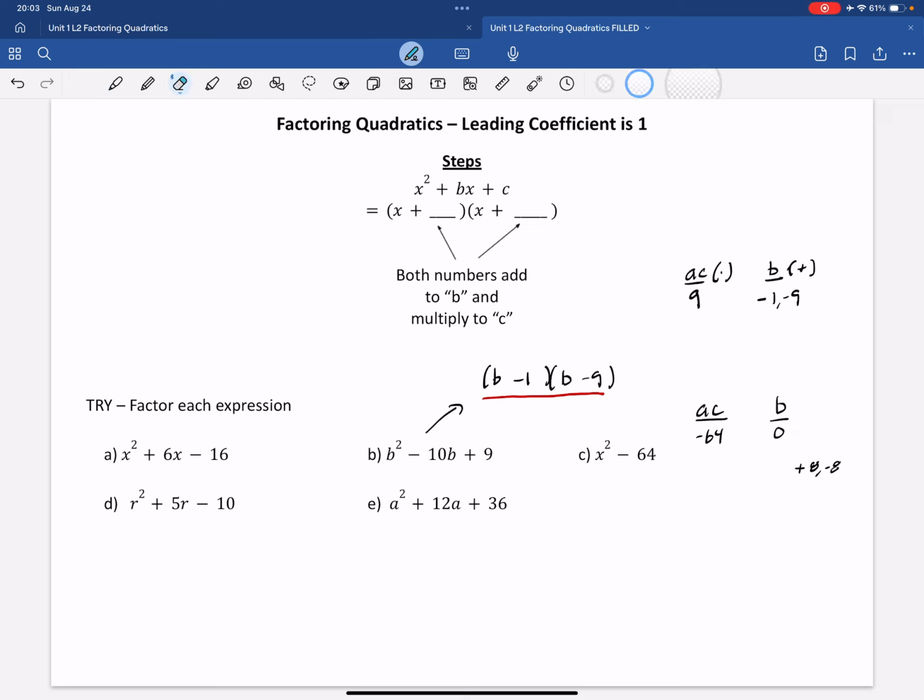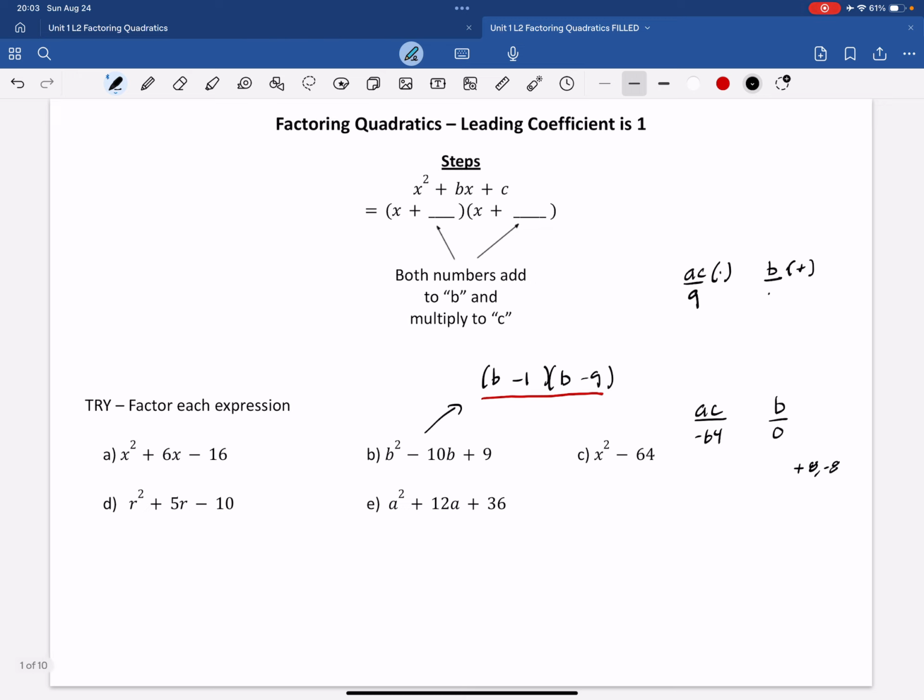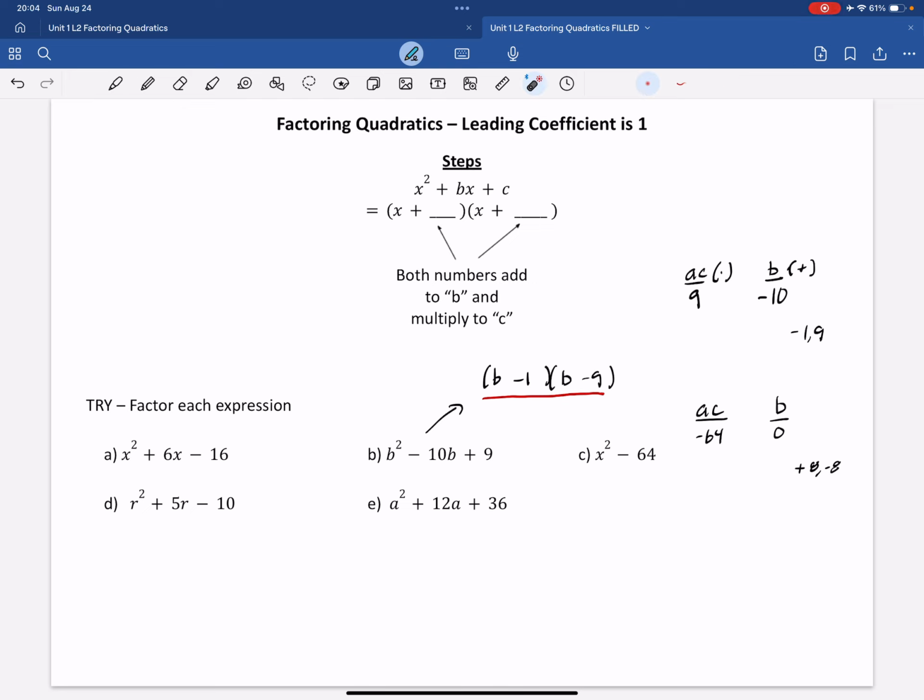Okay, and I just realized here, guys, this is pretty bad here. I need to go back. This should be negative 10, and the resulting values that produce those two things are negative 1 and negative 9. Sorry, you can see I'm kind of trying to go fast here. It's a bad idea. Okay? So we computed our AC both times.